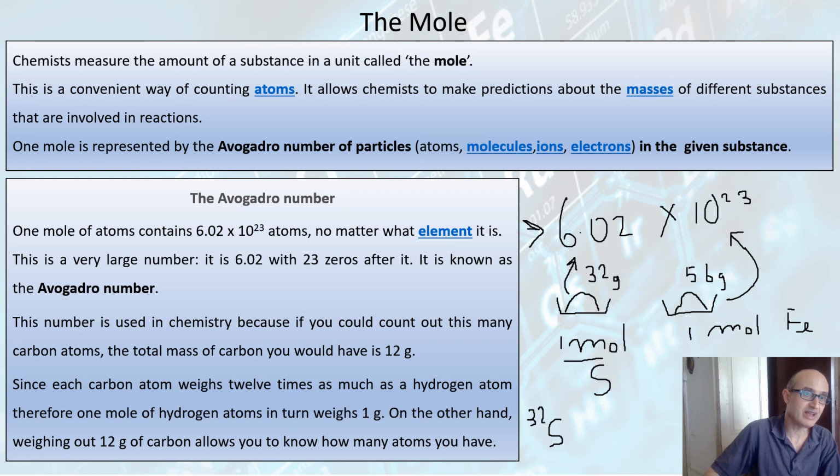That's the RAM. Okay? So the RAM is 32. And all you have to do is to put grams behind the RAM. So once you give it the unit gram, it's no longer RAM. It's the mass of 1 mole of sulfur atoms.